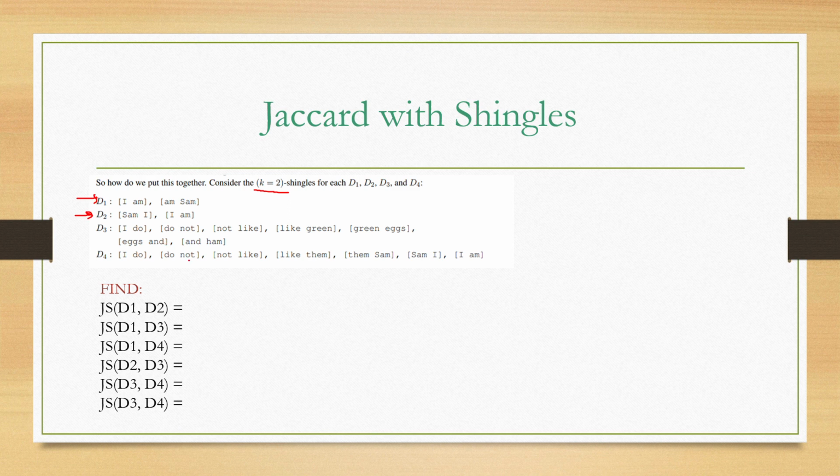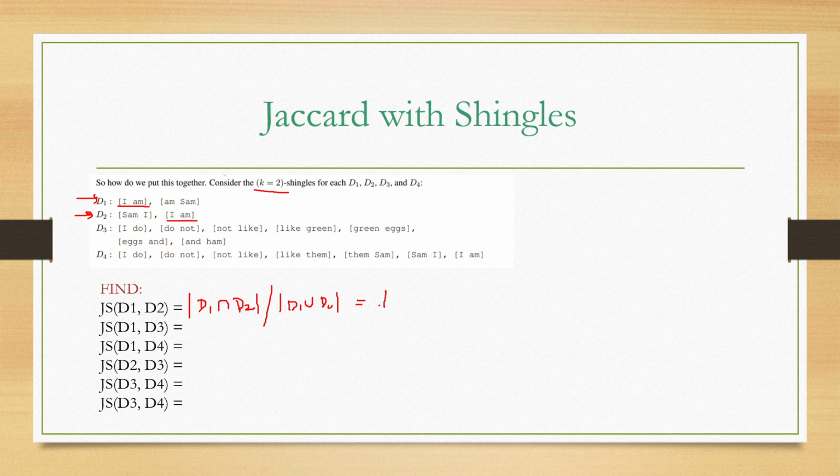So to find out this similarity, we need to find out what is the intersection, divide it by the union. And now here we have sets as individual elements. So if you see both these documents, this "I am" is a common set.